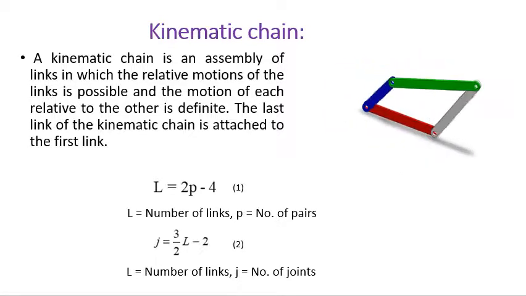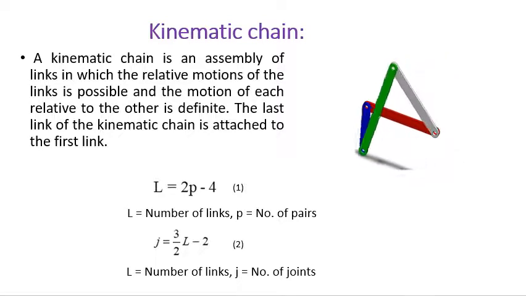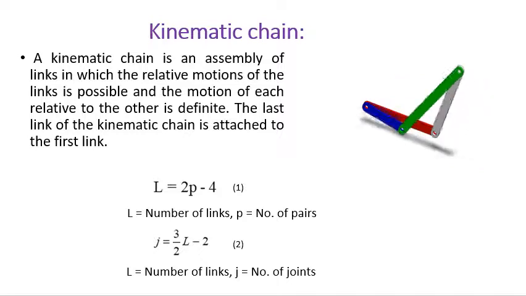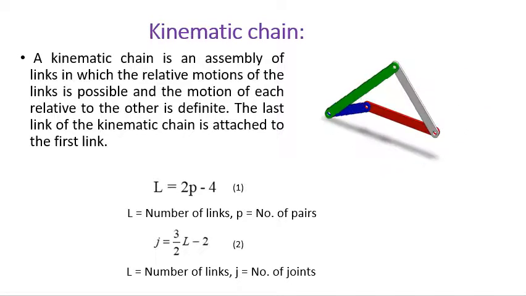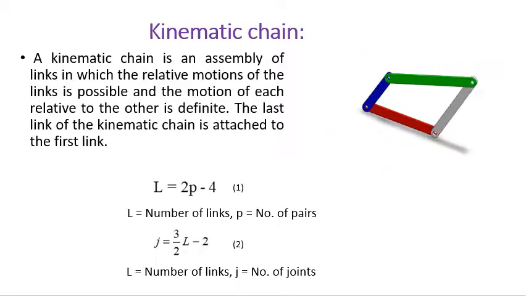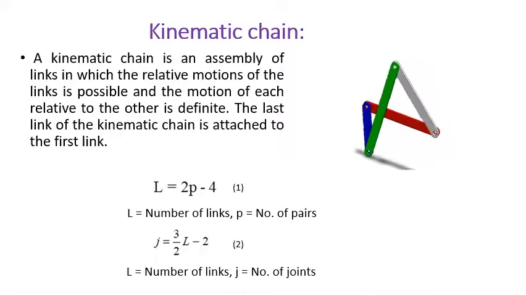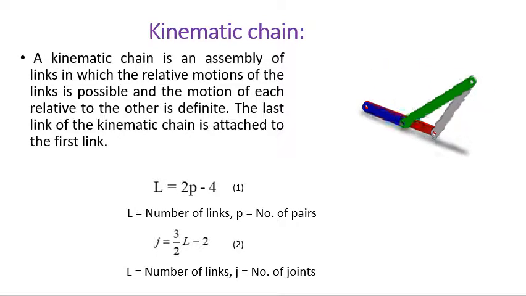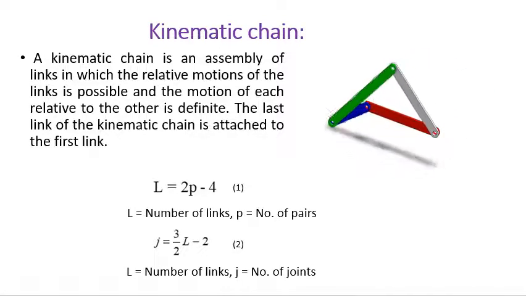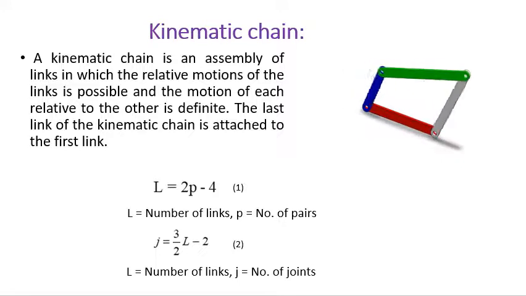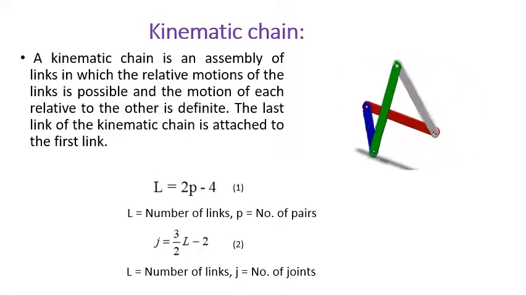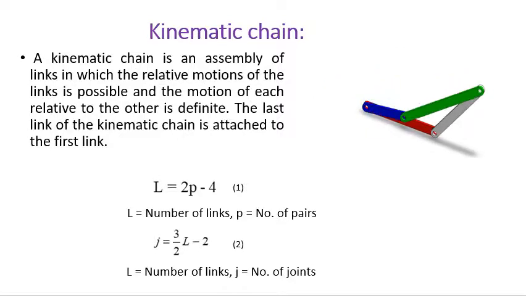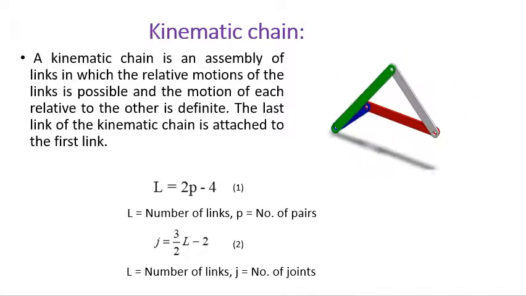Then the relation between number of pairs forming a kinematic chain and the number of links is given by L = 2P - 4. Here L represents number of links, whereas P represents number of pairs. As in a kinematic chain, each link forms a part of two pairs, right? So there will be as many links as the number of pairs.